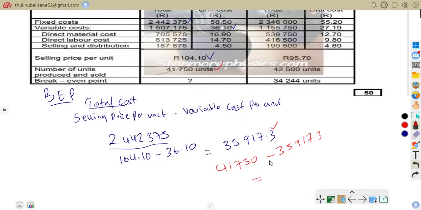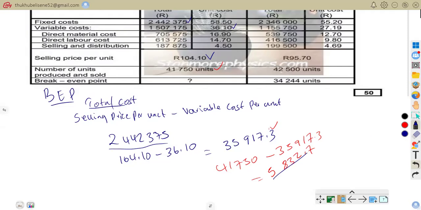So it means we are going to have 5,832.7. So what does that mean? It means that the business is making a profit of this much, because our break-even point was 35,917 and we were able to exceed that.